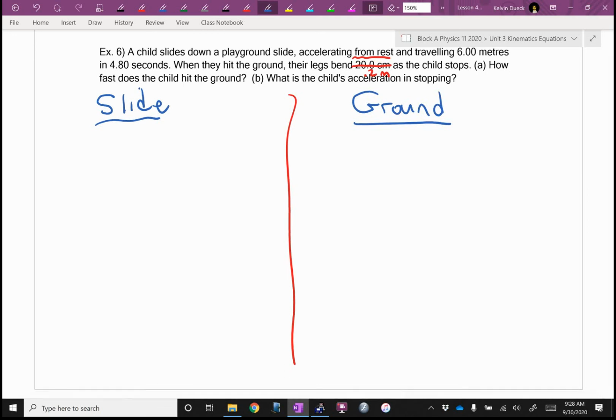From rest, is that on the slide? Six, what's that? Well, it's meters, so it's the distance. Is that the distance on the slide, or is that the distance while on the ground? 4.8, what's that? Is that the time sliding on the slide, or is that the time once you're on the ground?